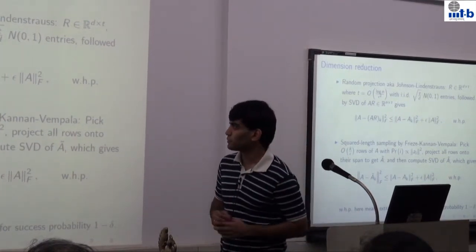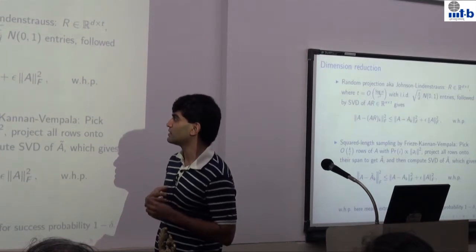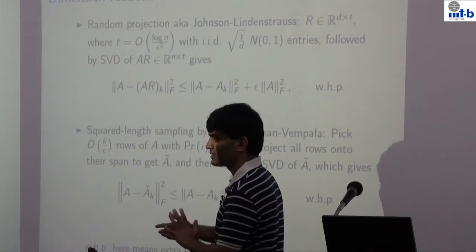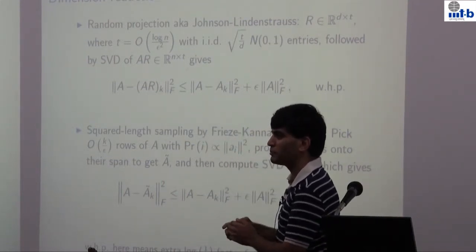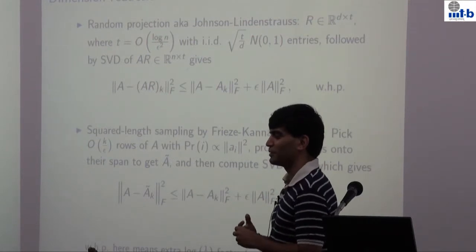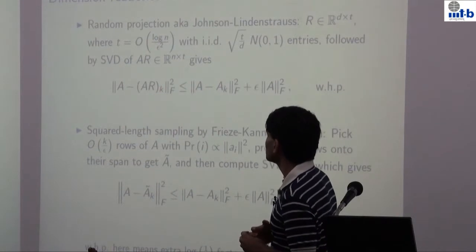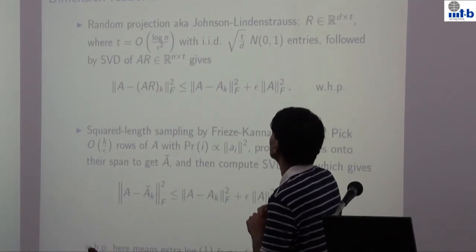So there was one problem with the singular value decomposition, which is that it takes a long time. The algorithm runs in polynomial time, but for large matrices that could still be impractical. So some of the things that people want to do is what is called dimension reduction.